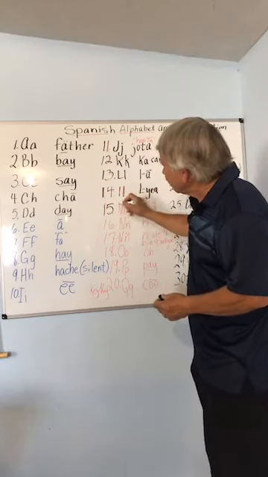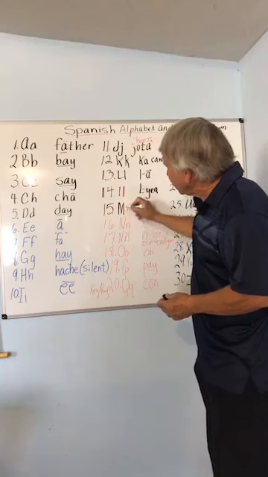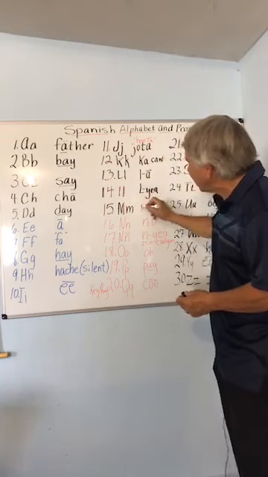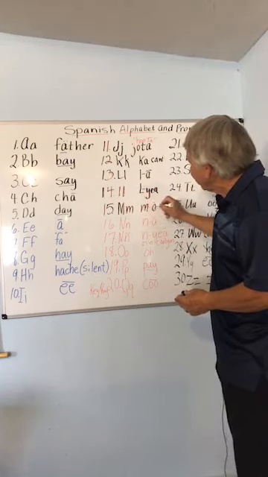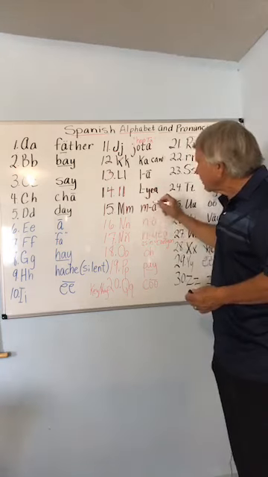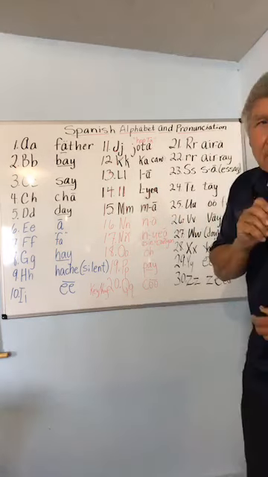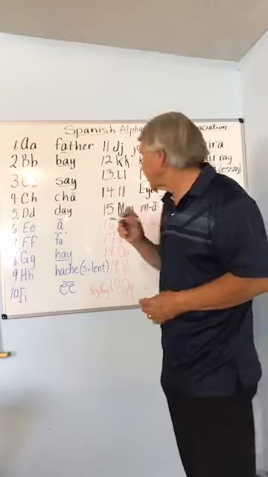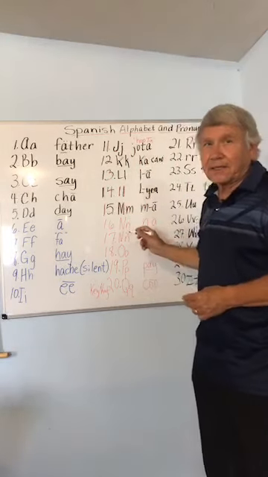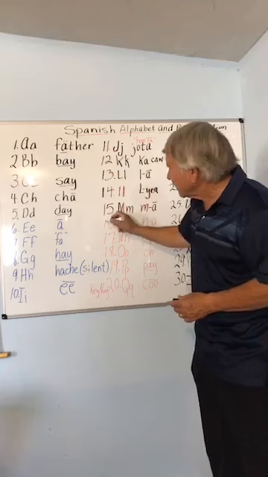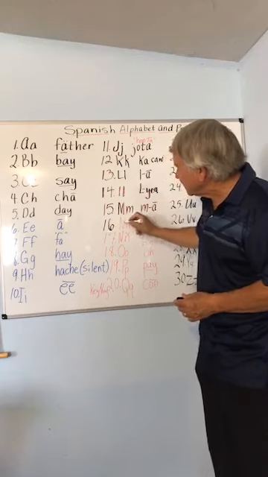And that one we'll put there for the M in English, but in Spanish the letter is M-A, long A sound, okay? M-A, M-A, all right? Can you hear that? And then let's go to 16.